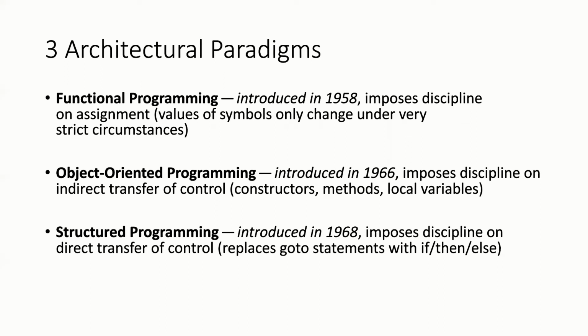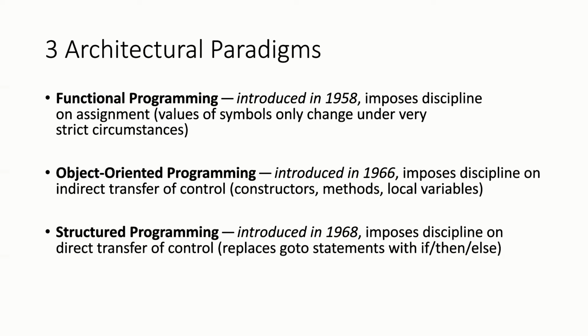Those are the paradigms that we still use to this day to write code. There's been shifts in software and how it's delivered, our user interfaces, the cloud and all that's come around, virtual reality and things. But when we're writing code for these different things, we follow these 3 architectural paradigms: functional programming, object-oriented programming, and structured programming.